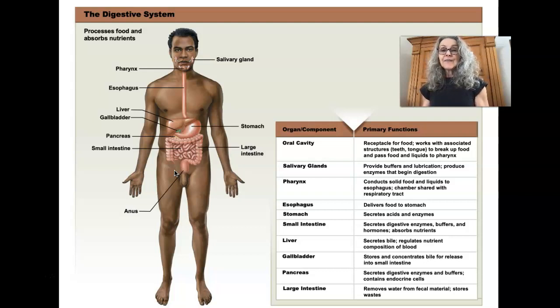The gallbladder will store the bile. The bile is originally made in the liver. So you have accessory organs: the salivary glands, the liver, where the bile is made, the gallbladder, where the bile is stored, and the pancreas.